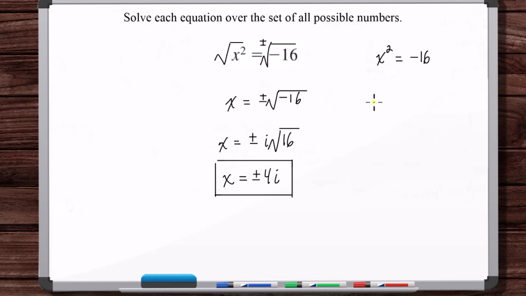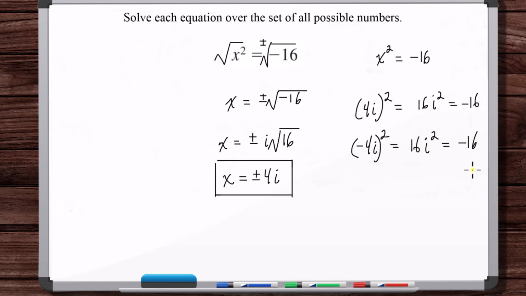Well, let's plug each of these solutions back into the equation. So 4i squared is what? 16i squared, that's minus 16. What is minus 4i squared? That's going to be 16i squared as well.